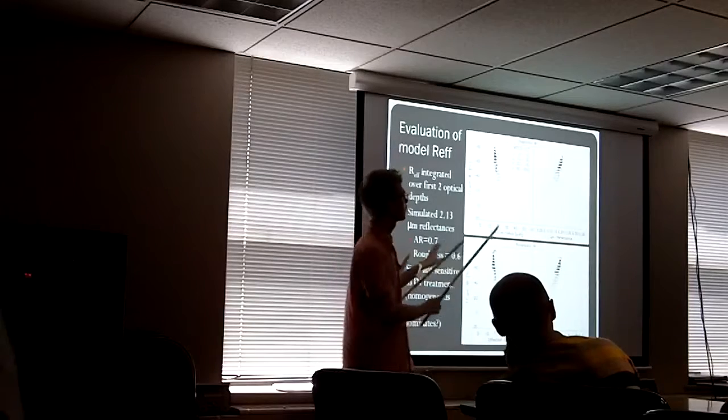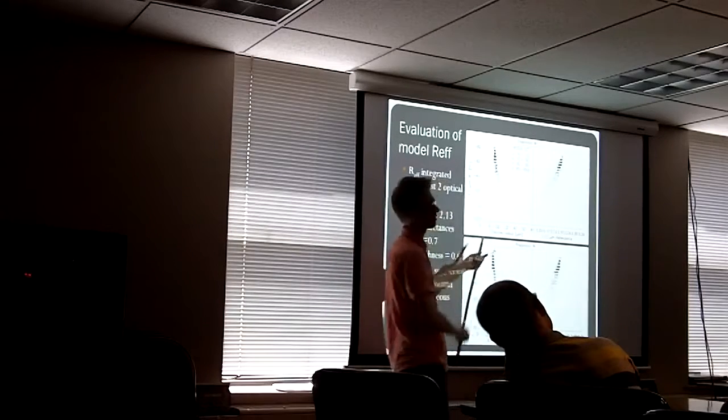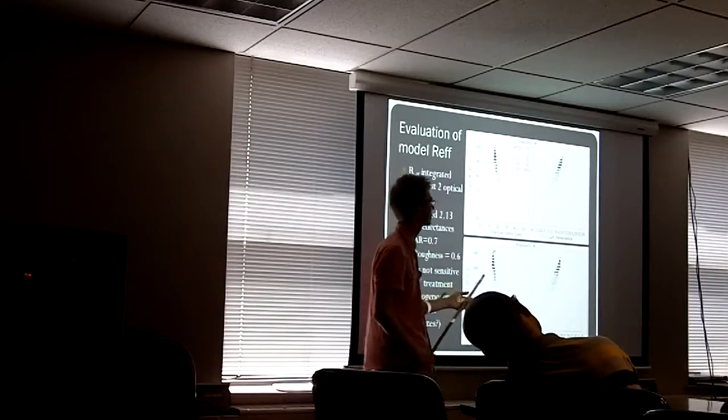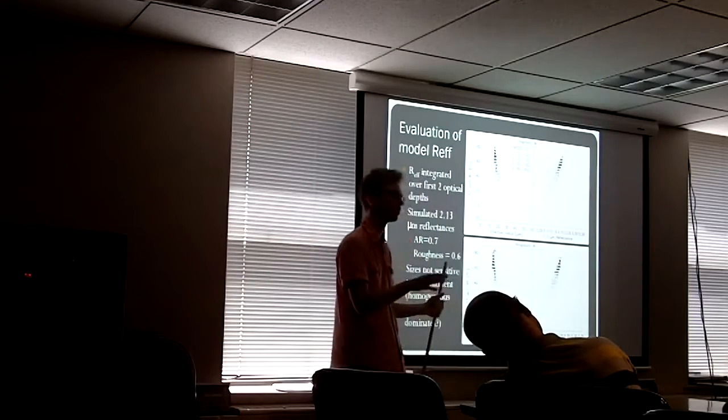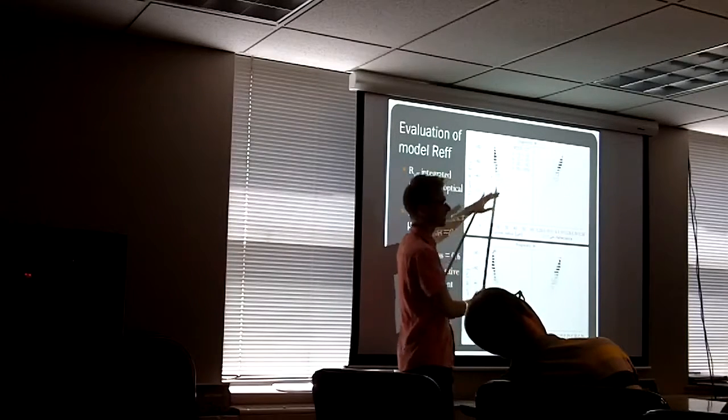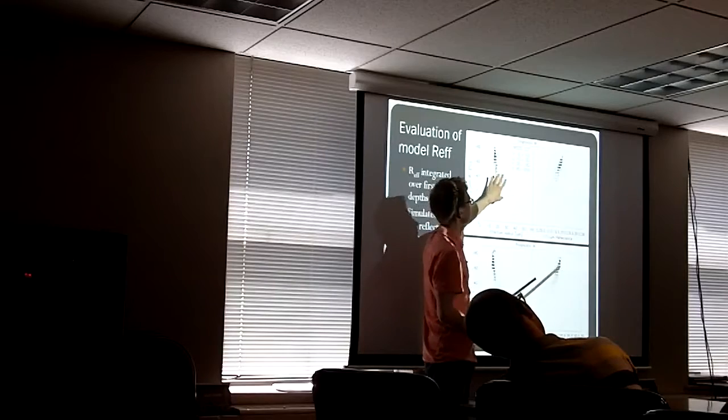You see that the modeled effective radius is slightly lower than what is retrieved, about 5 to 10 microns lower. But like I explained, there are a lot of problems with this comparison.